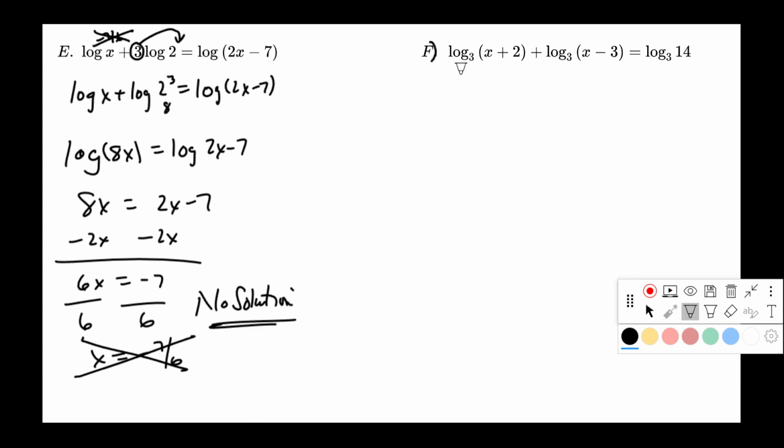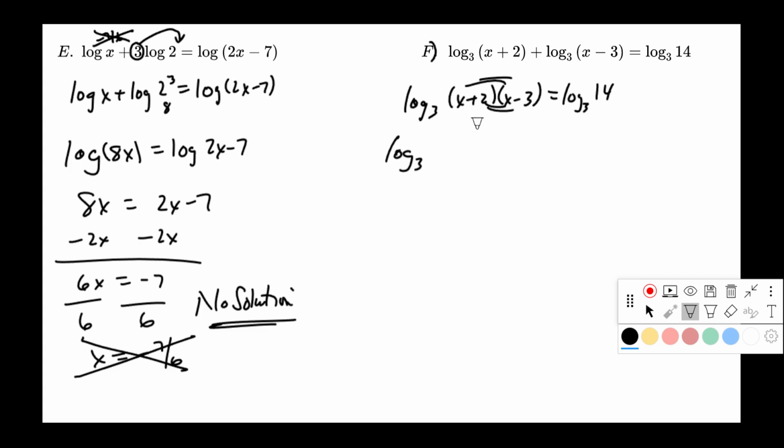All right, and finally, letter F. Log of x plus 2 base 3 plus log of x minus 3 base 3 equals log of 14 base 3. Okay, on the left, I have 2 logs that are added, so I can put them in the same log by multiplication. Log of 14 base 3. I could FOIL the inside here just to make my life a little bit easier.